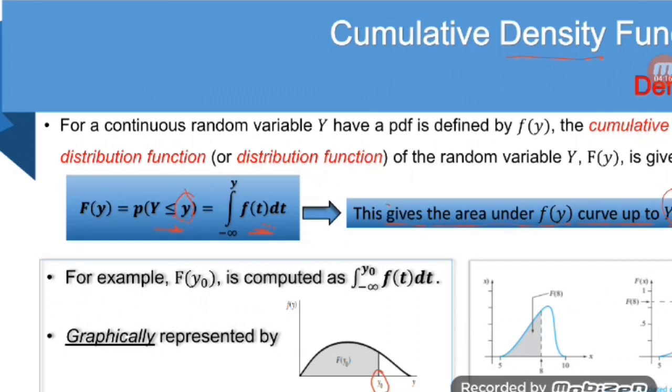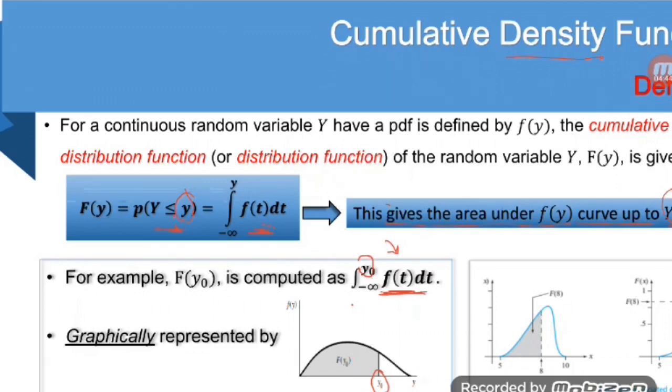So capital F of y naught is computed as the integral from negative infinity to y naught over the PDF. Sometimes we write this PDF in terms of t, and then we integrate with respect to t to avoid confusion with resubstituting y if it is written in terms of y.